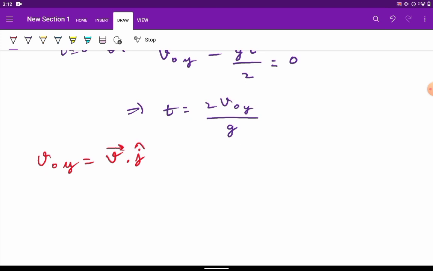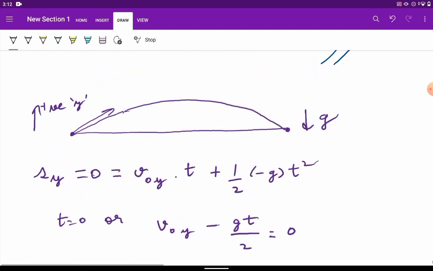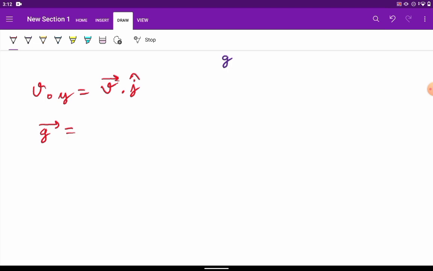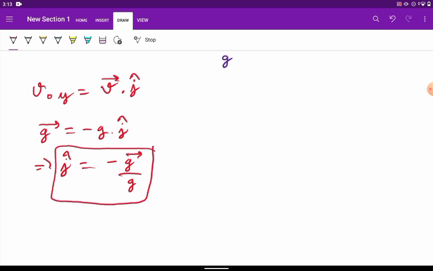And we also know that the g vector, since g is in the opposite direction of y, is basically minus g j cap. So this means j cap can also be written as minus g vector by g.